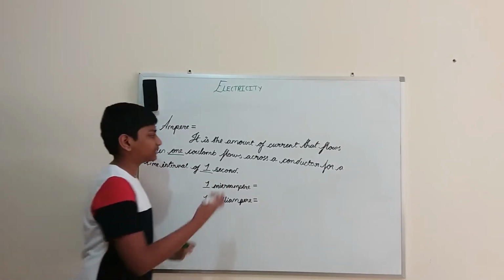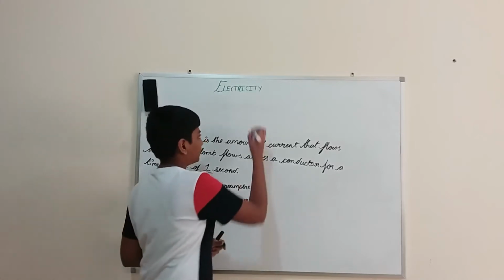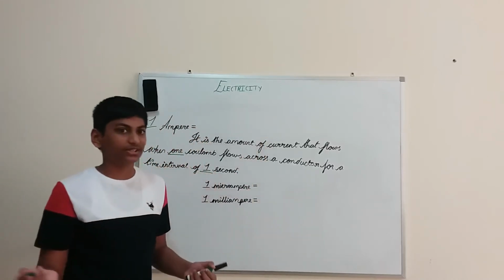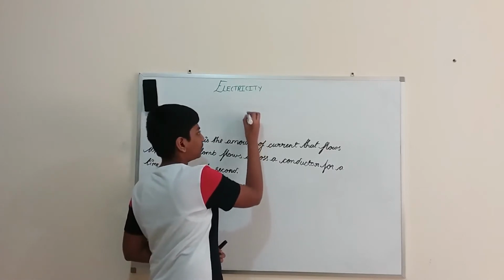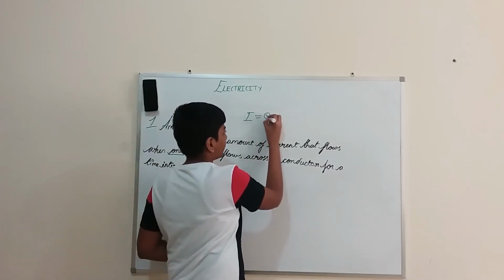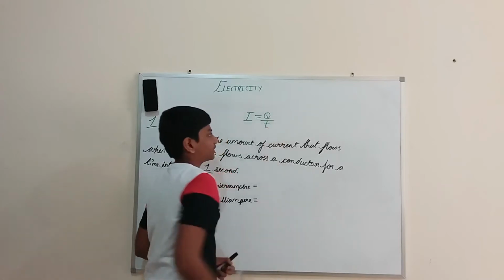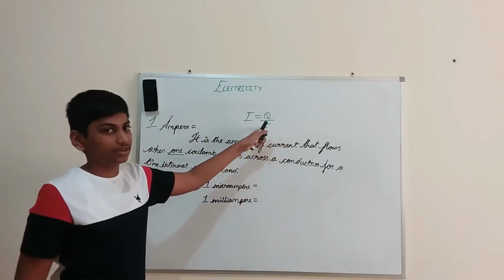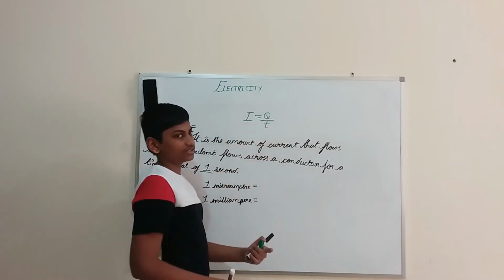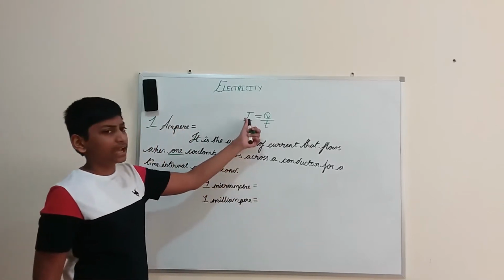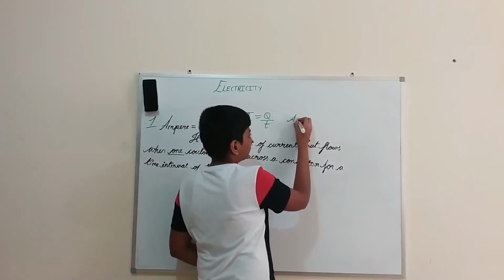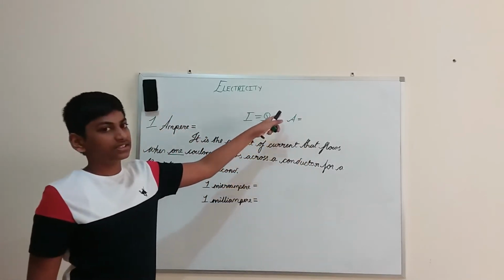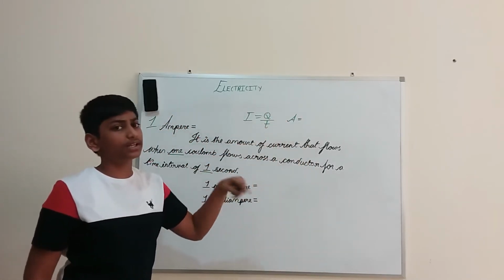Let's derive its formula. The ampere is the SI unit of current, and current is equal to Q by T. Let's convert this into SI units. So ampere is equal to charge, whose SI unit is coulomb, divided by time, whose SI unit is second.